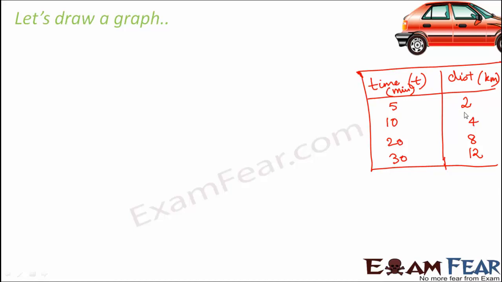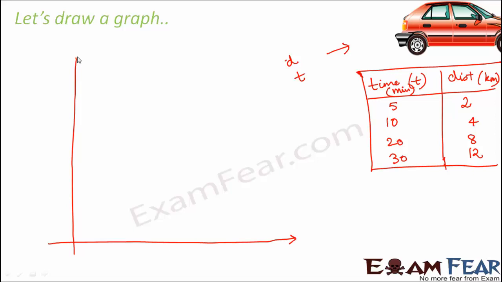Now, how best can I represent these numbers using a graph? In order to describe the motion of this car, which are the two variable quantities? One variable quantity is distance, the other variable quantity is time. So therefore, first of all, I will plot the x-axis and the y-axis. So this is the x-axis and this is the y-axis.